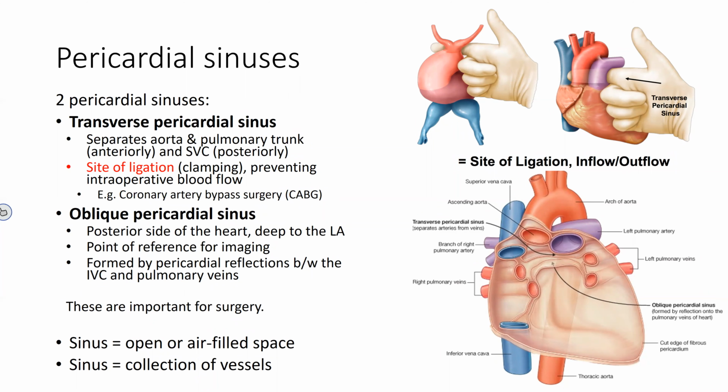There are 2 sinuses, so the transverse pericardial sinus is the one that's important in surgery, and you have the oblique pericardial sinus, which is less important. And just a note about the word sinus, it can either mean an open or air-filled space, or it can mean a collection of vessels.